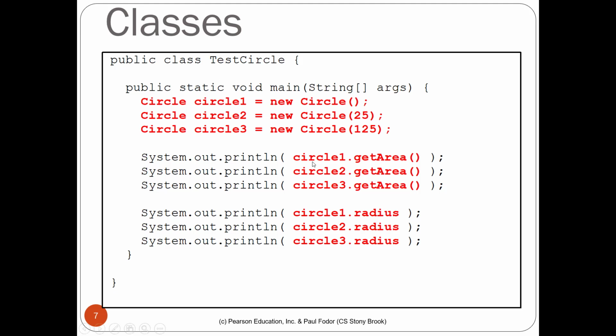Similarly, the way we have done for the first circle, which is circle 1, we'll do the same for circle 2. And we will get the area of the circle 2 object by calling circle2.getArea. For the same reason, getArea is a non-static method, which we call instance methods. I'll explain that to you.